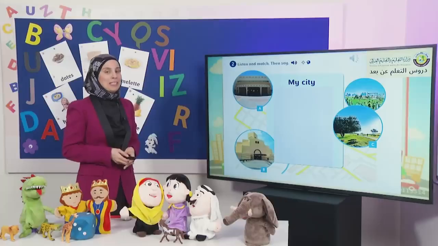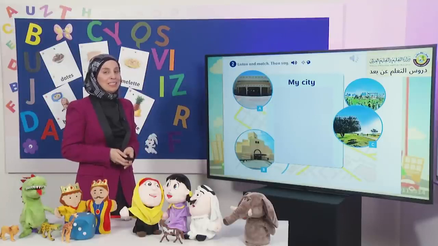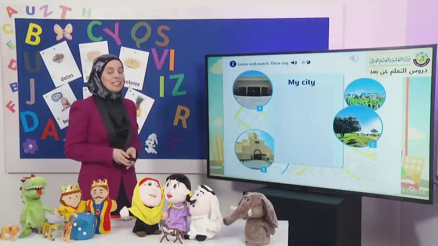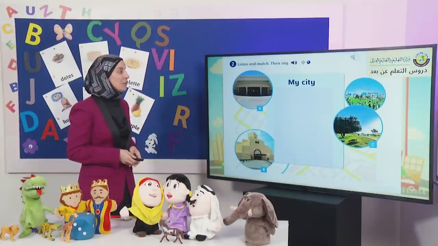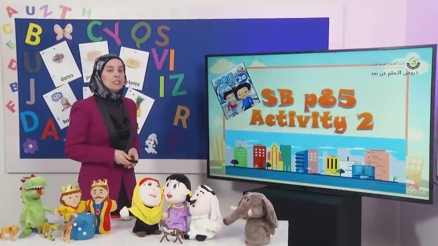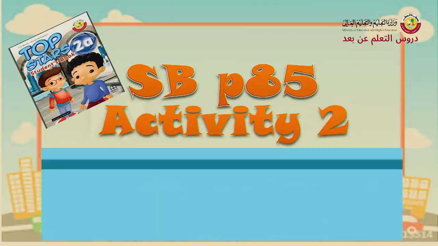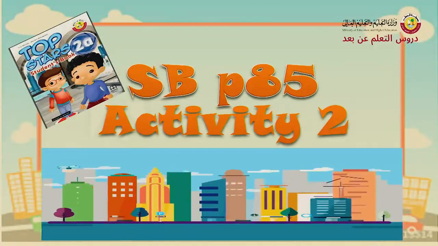Now my students, let's check prediction. The song is talking about places. Excellent, my students. Now my students, I want you to open your student's book, page 85. Activity 2.